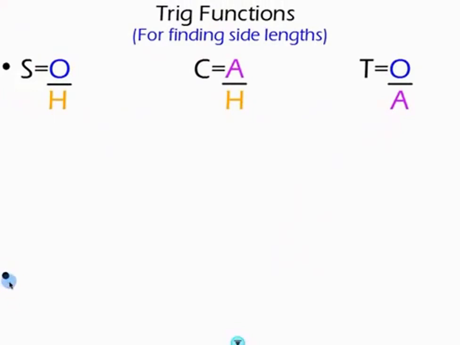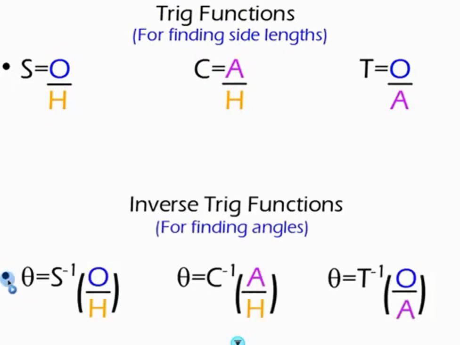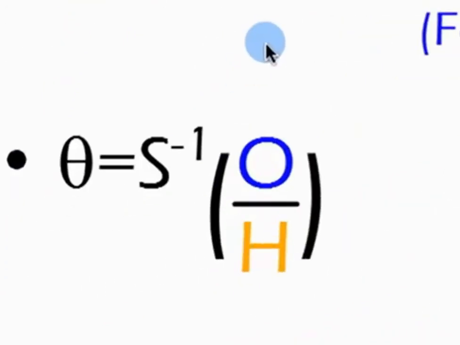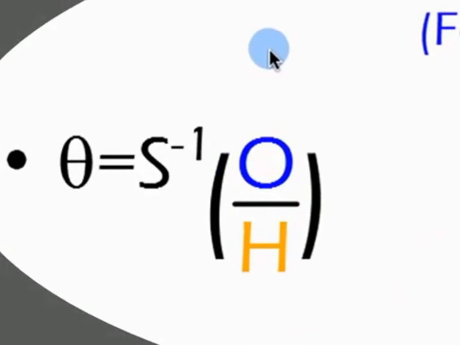And that's all very well if you want to find lengths and you know one angle and another length. But a lot of the time we want to find out what the angle between two lengths is. So this is when we start to use inverse trig functions. And there's nothing to be worried about. You just press the shift button before you do sine, cos or tan.